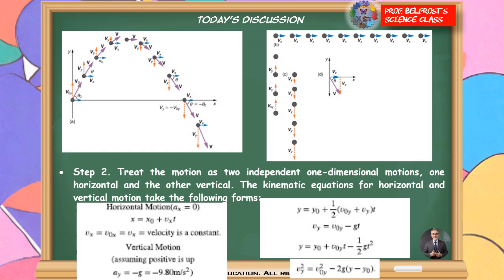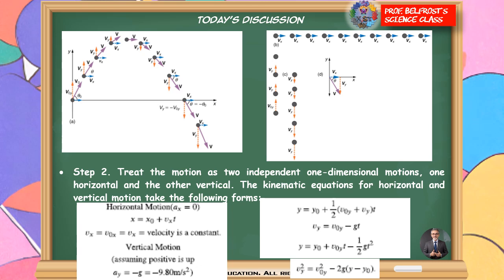Here's the picture showing you the projectile motion, and you can see that vx is constant, and vy is only affected by gravity. There's no other motion, right? And here we can derive the formulas needed. x is x0 plus vx t, since vx is the same along the motion.